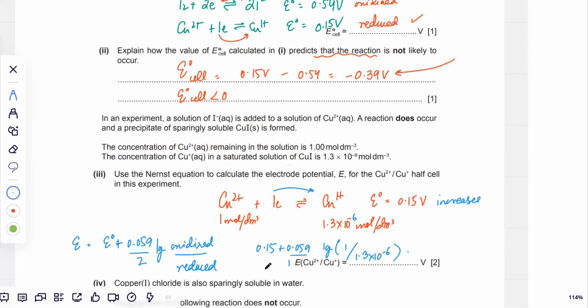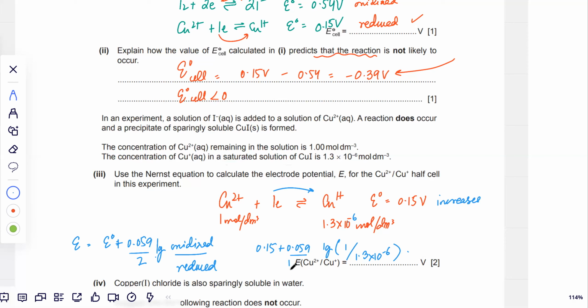Oh, it's not 0.059 divided by 2, it's divided by 1. Z is the number of electrons. Oh, 1, okay. Because it looks like a 2, that's what I was asking, if it's a 2 or if it's a Z. This is Z. Oh, it is Z, okay. So did anyone do this?